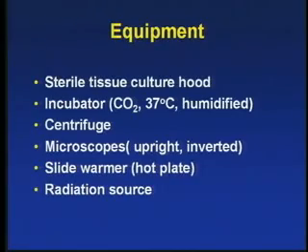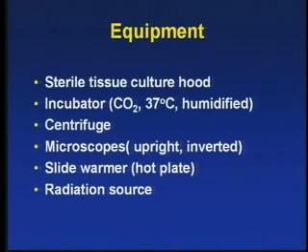Now, the equipment for doing the chromosome aberrations is quite simple. You just need a sterile hood and a good incubator. The centrifuge could be any kind of centrifuge, but we prefer a microcentrifuge. I'll tell you why later. You definitely need a good upright microscope for looking at your slide for a good chromosome picture or identification, and an inverted microscope for tissue culture.